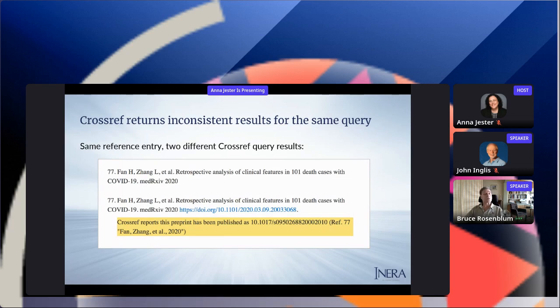The second time, we got back the DOI on medRxiv, and then in addition, we got back that linkage information that it had been published in a peer-reviewed journal. So if you're counting on Crossref querying to get DOIs back for preprints in your publication process, beware that it is somewhat erratic. It will not give you consistent results. Next slide, please.